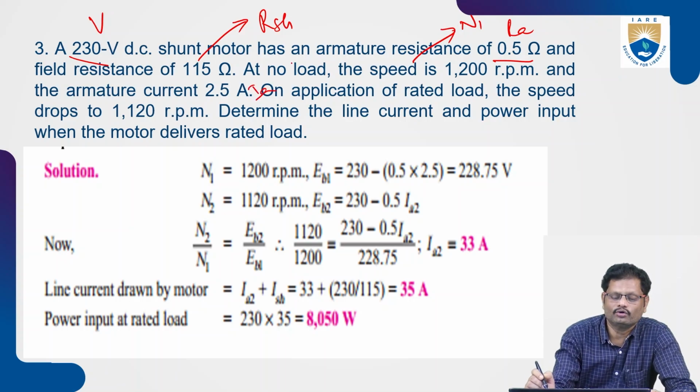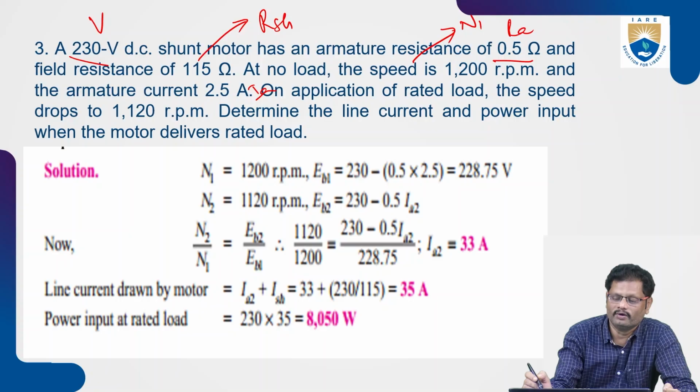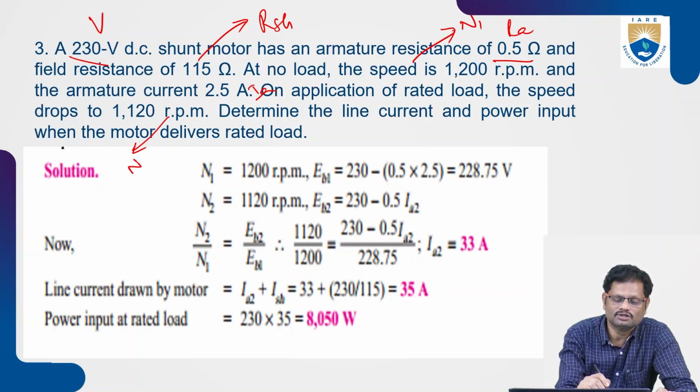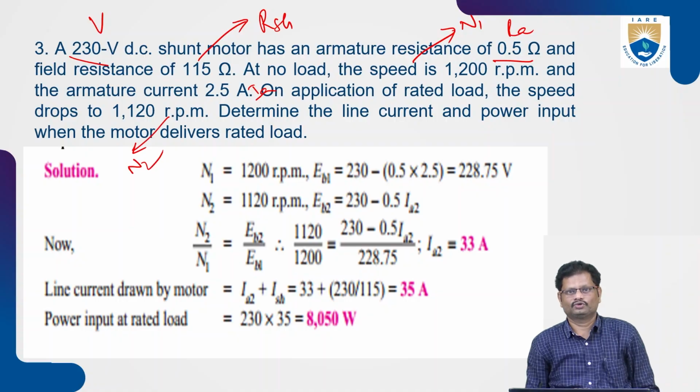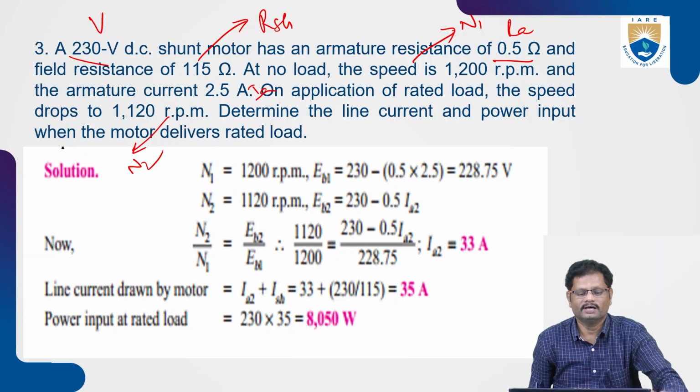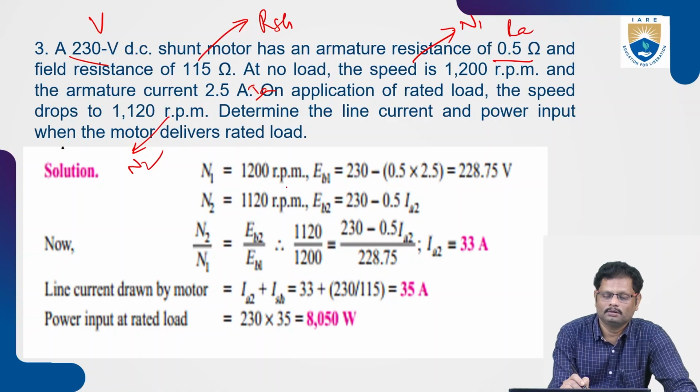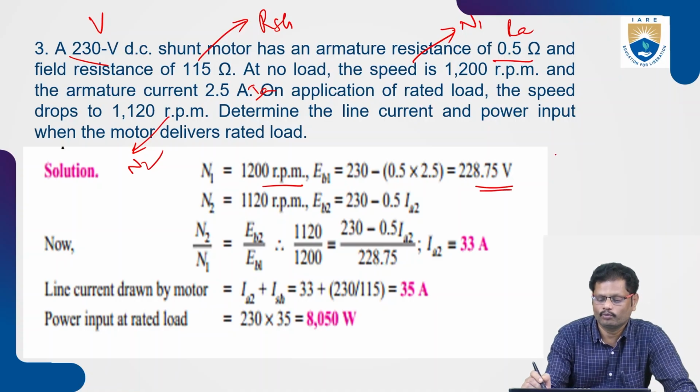At application of rated load, the speed is reduced from 1200 RPM to 1120 RPM. So this is another speed. We need to determine the line current and power input. So first, let N1 be the first speed at no load. It is running at 1200 RPM. At this speed, the back EMF produced is EB equal to V minus IARA.